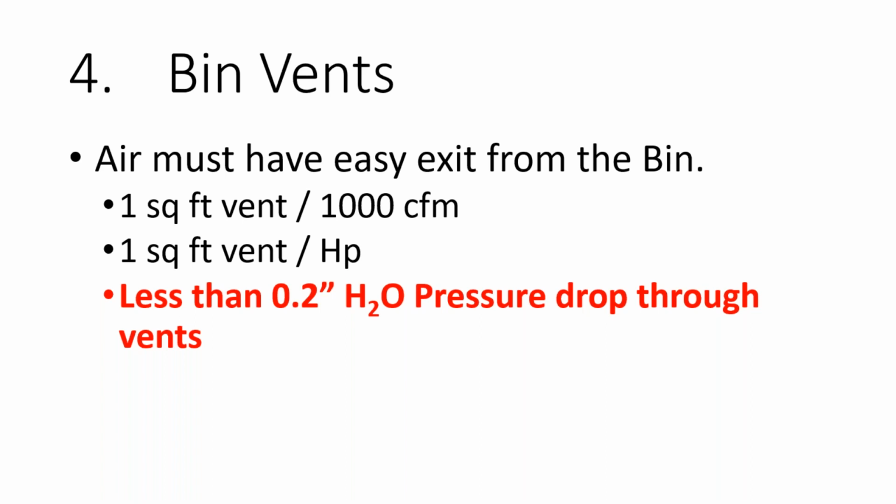There's no reason to have high pressure drops through your vents. You only have 6 to 10 inches of water to play with, and if you're going to sacrifice up to 1 inch for the air delivery, getting it into the grain, and you are sacrificing very much on this end, you really are hurting the efficiency of your overall system.